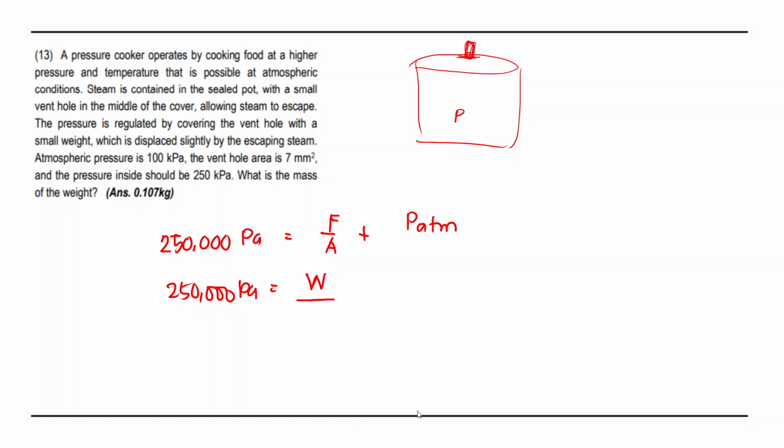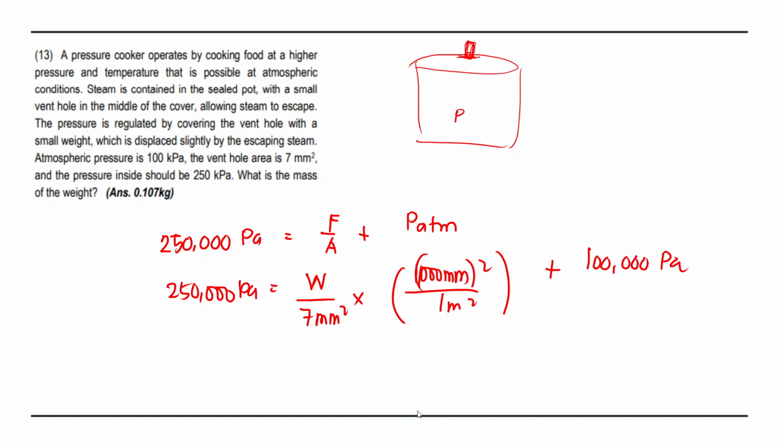Okay, so 7 mm squared. Let's convert: 1,000 mm squared over 1 m squared. Plus, the atmospheric pressure is 100,000 Pascal or 100 kPa.